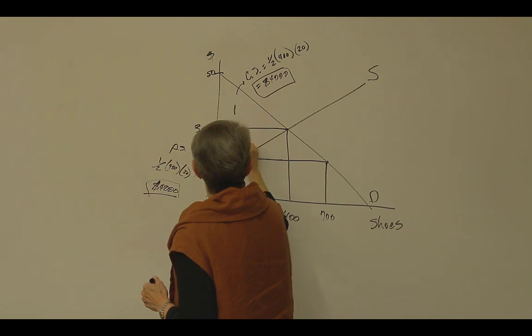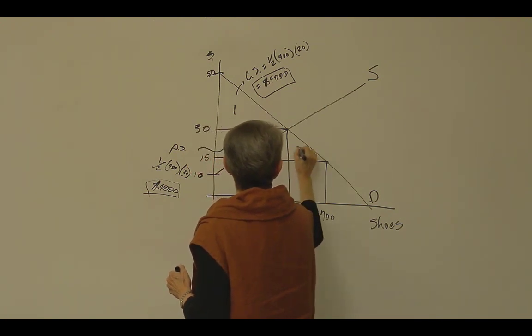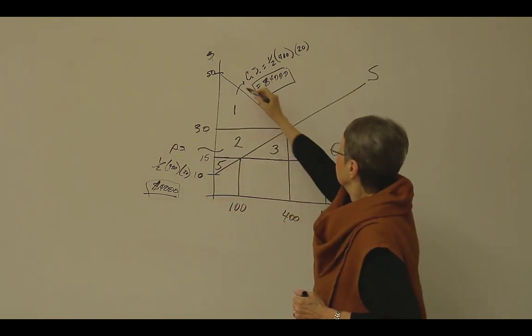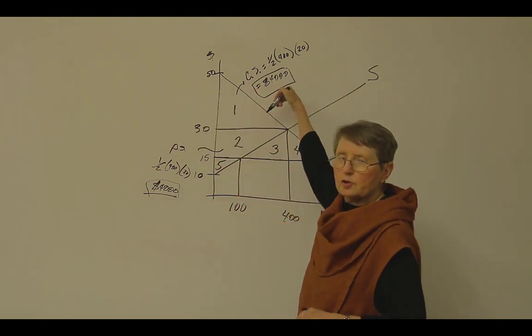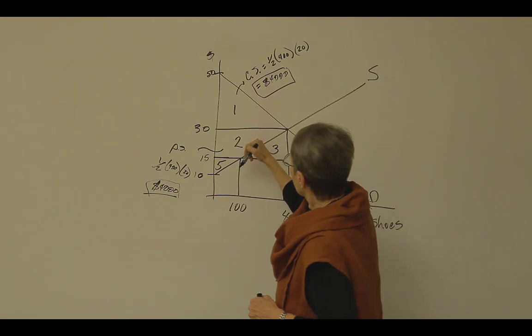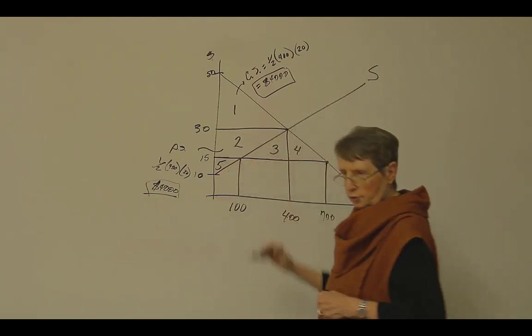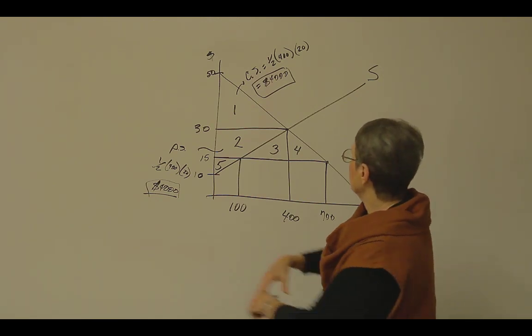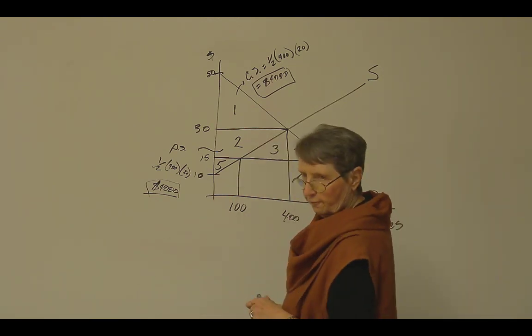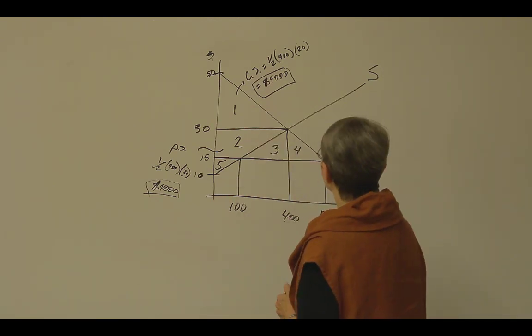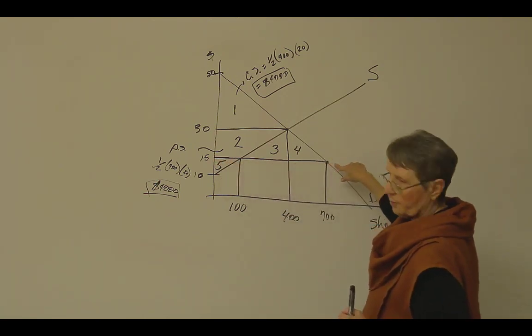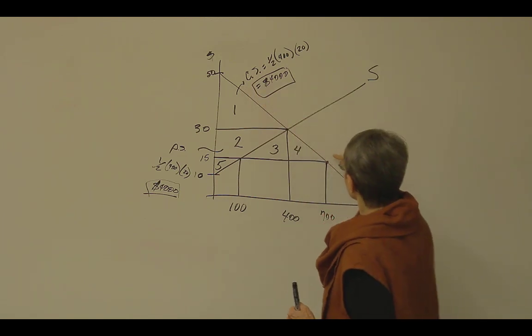I'm going to call these areas 1, 2, 3, 4, 5. Look at these areas. Area 1 was consumer surplus when the economy was closed. Area 2 plus 5 was producer surplus when the economy was closed. Now that it's open, now that we've allowed these foreign shoes into the country, consumer surplus is everything above the price and below the demand curve.